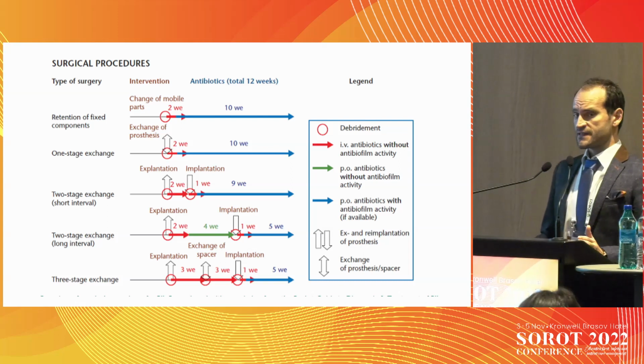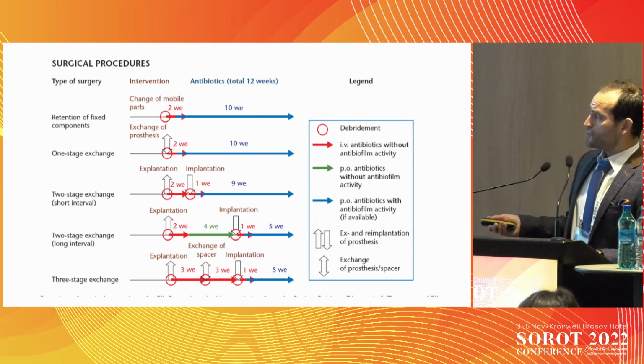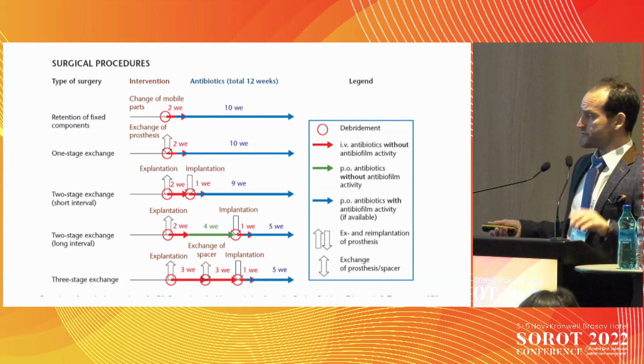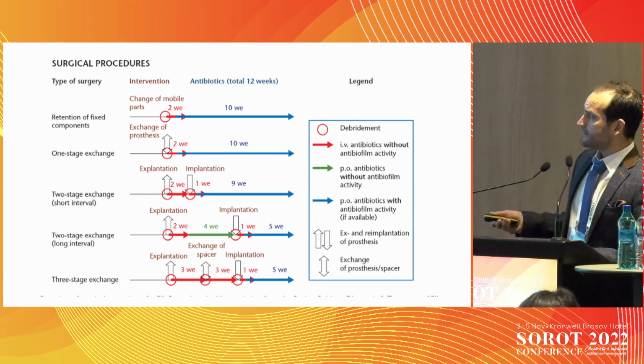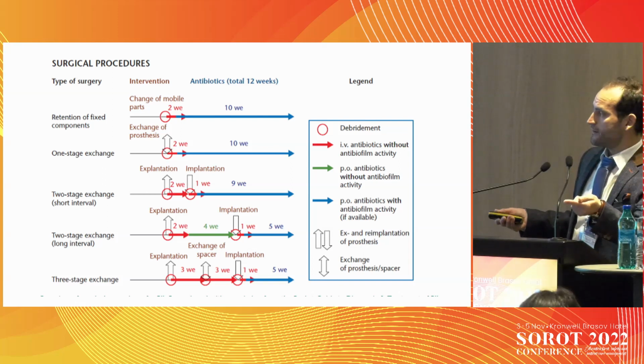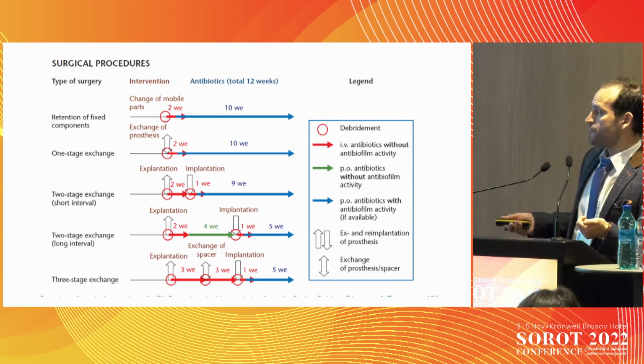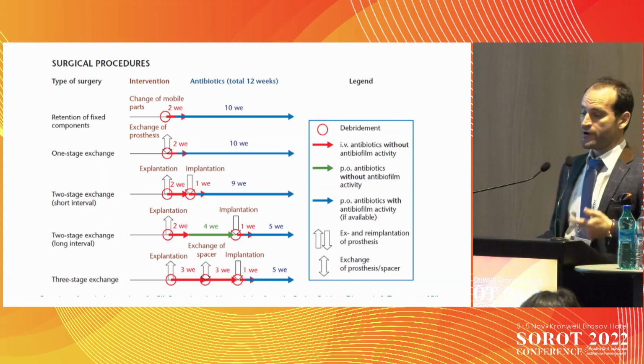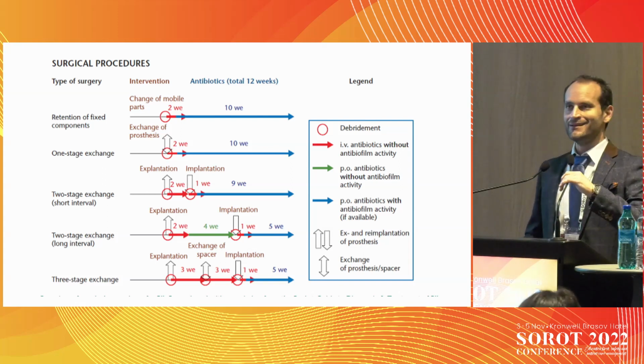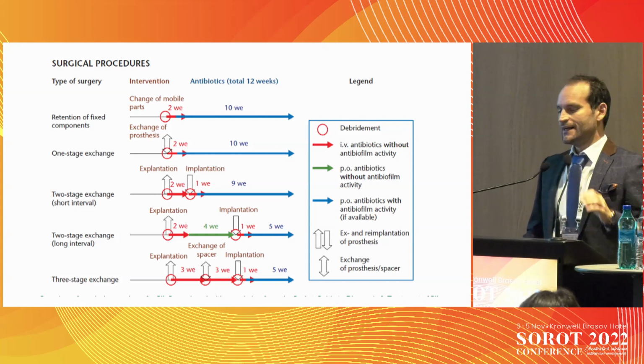If you do a two-stage exchange, then you give 3 weeks of intravenous antibiotics, and either you re-implant the prosthesis here, or you wait for 4 weeks until you do the reimplantation.